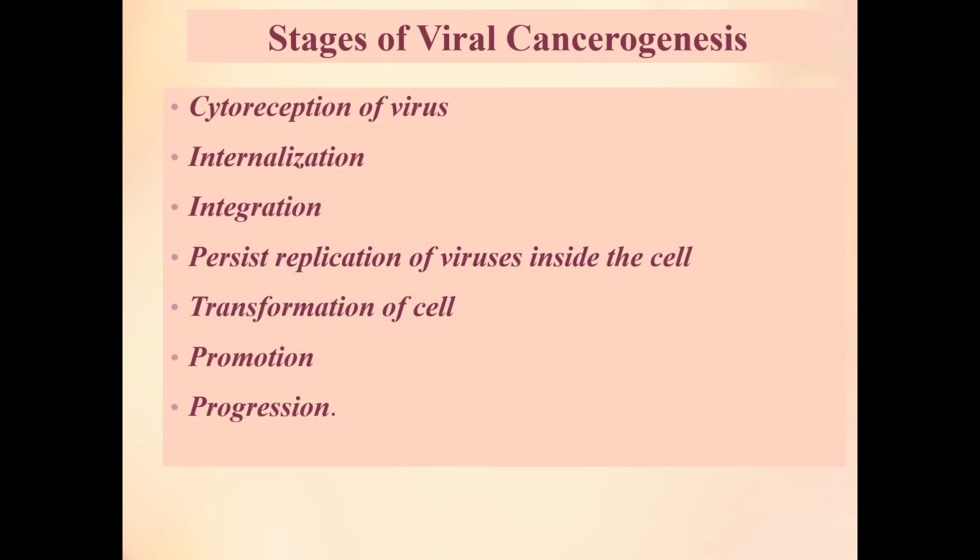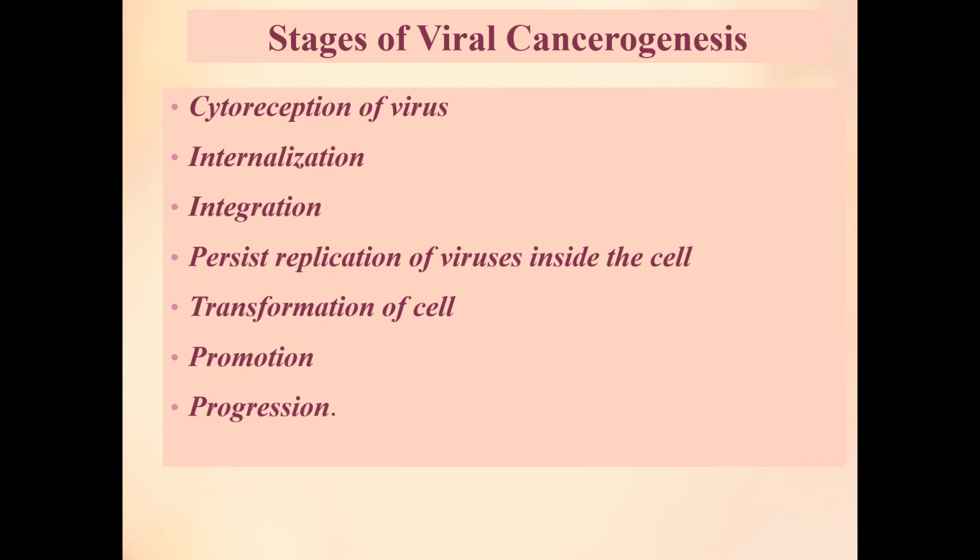There are several stages in viral carcinogenesis. The first is cytoreception. It means the interaction of the virus with the receptors on the plasma membrane of the normal cell. The next is internalization, which means the penetration of the virus into the cell. Then integration means connection of the virus genome with the cell genome.